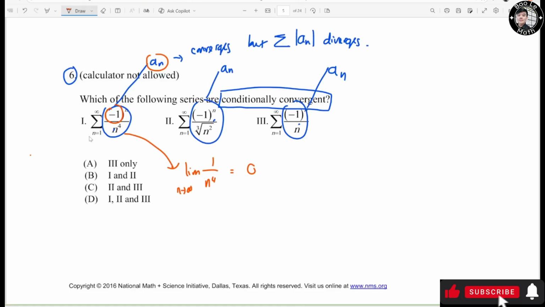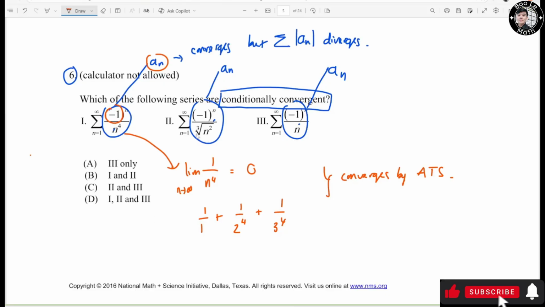If n equals 1, we have 1 over 1. N equals 2, we have 1 over 2 to the power 4. N equals 3, we have 1 over 3 to the power 4. And observe that the terms are decreasing. By the alternating series test, this series converges.